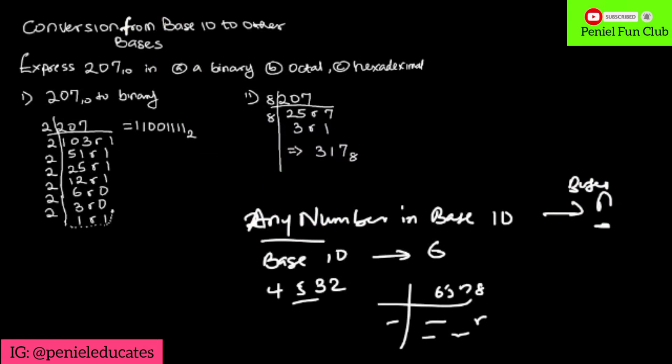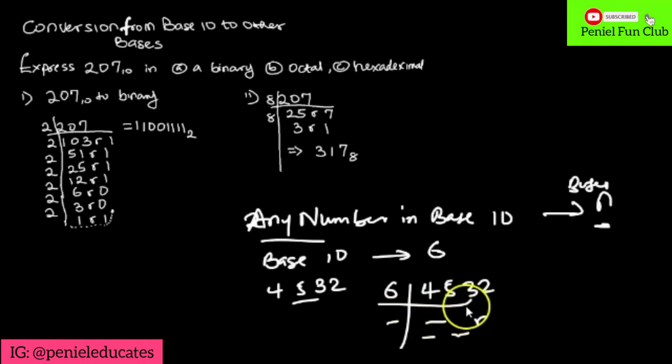So what we're saying is that if you have to convert a number from base 10, say 4532, to base 6, what I need to do is to put the 4532 here, then I will use 6 to divide it.